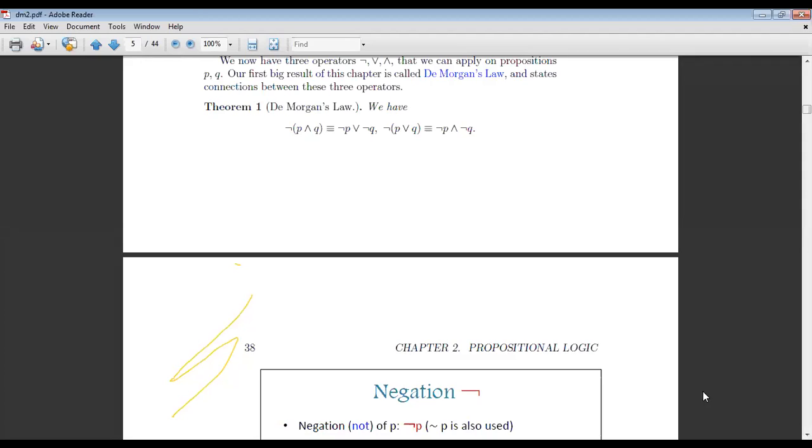Okay, so what is De Morgan's law? Two laws, no?